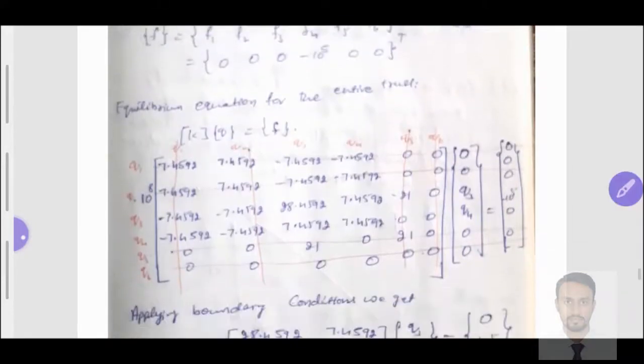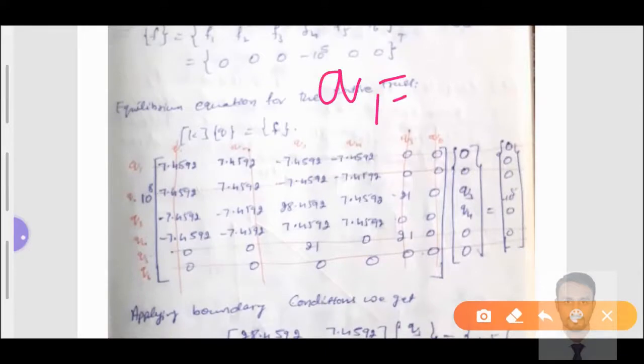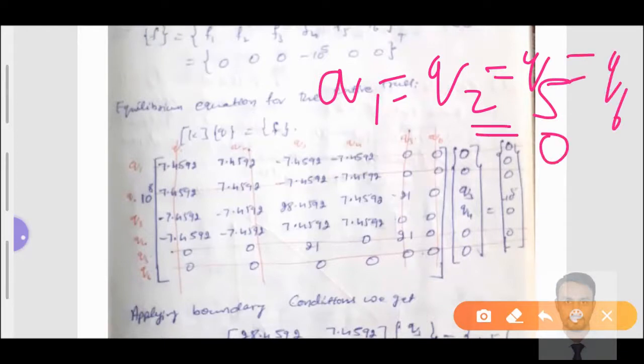We have fixed Q1 = Q2 = Q5 = Q6 = 0. Why are these the fixed ones? Q1, Q2, Q5, Q6.